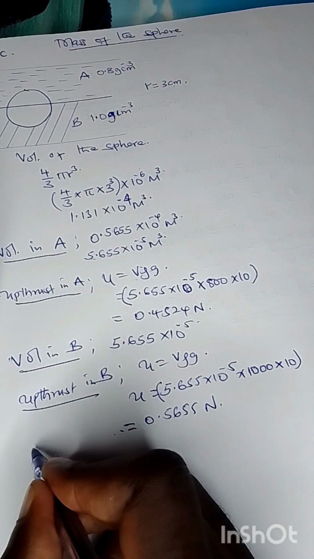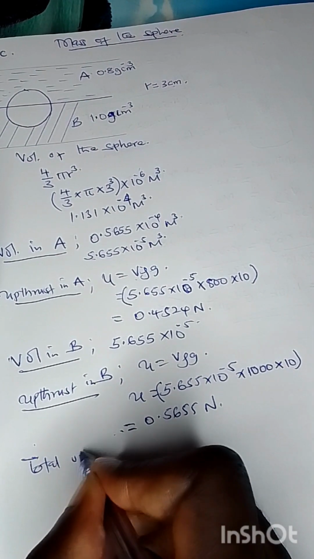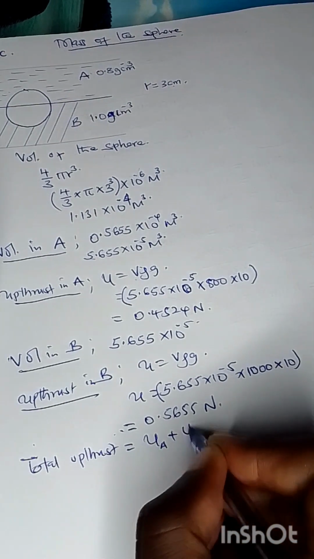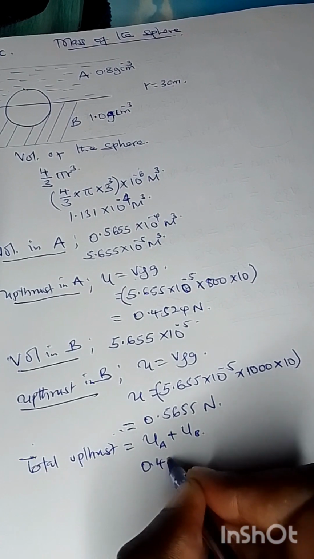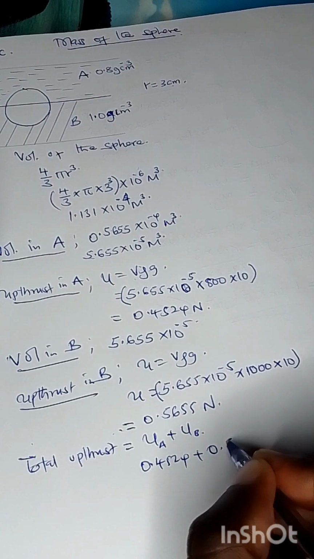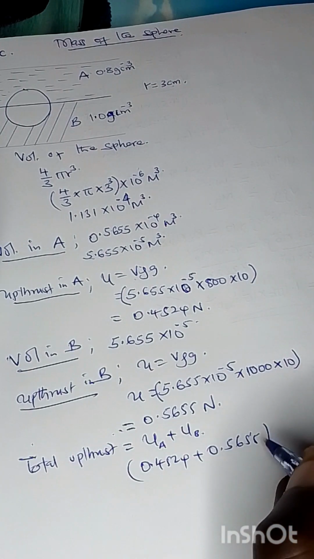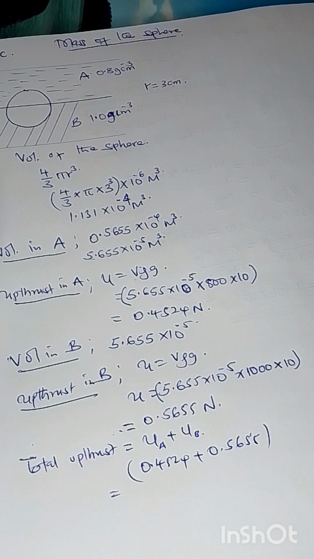Total upthrust will be upthrust due to A plus upthrust due to B. And that is 0.4524 plus 0.5655. The sum of the two is 1.0179.